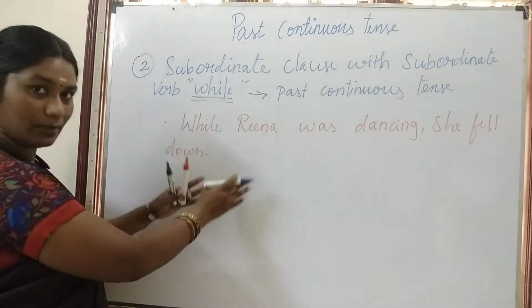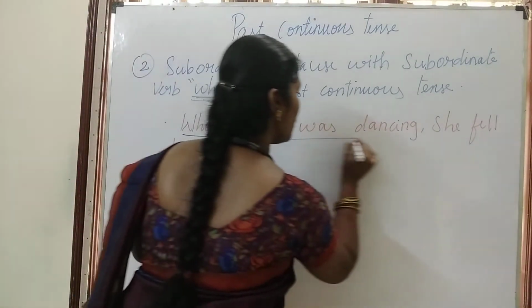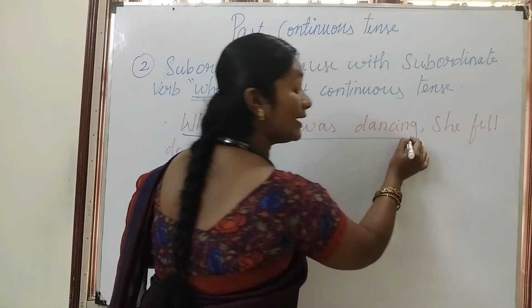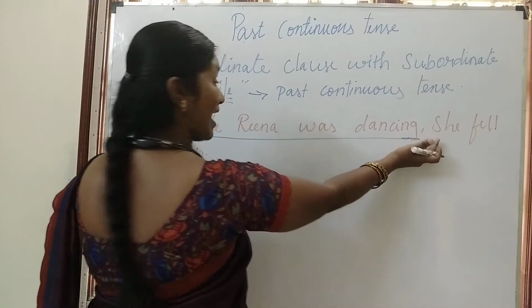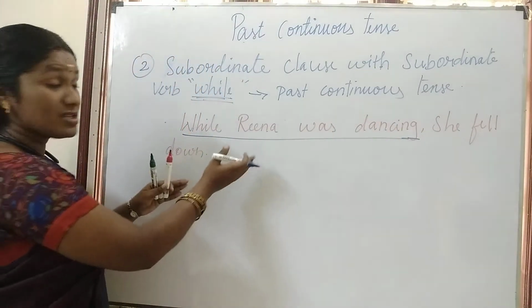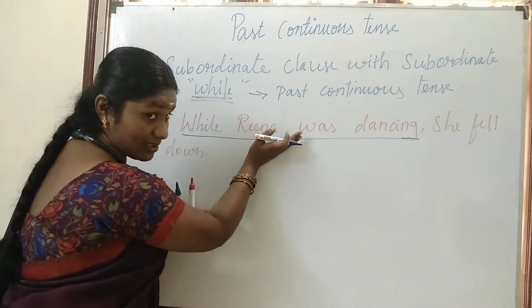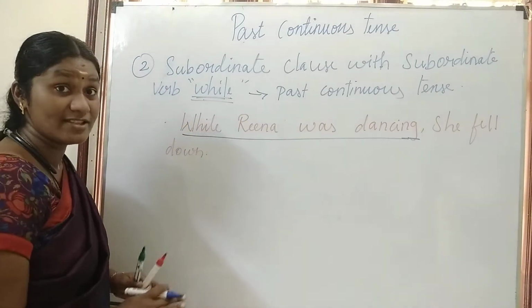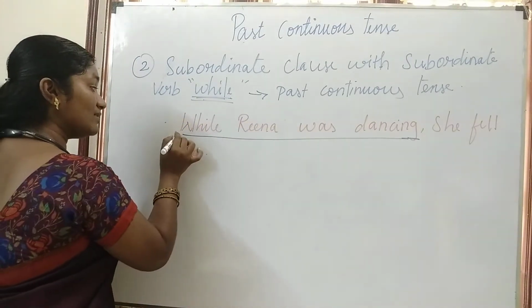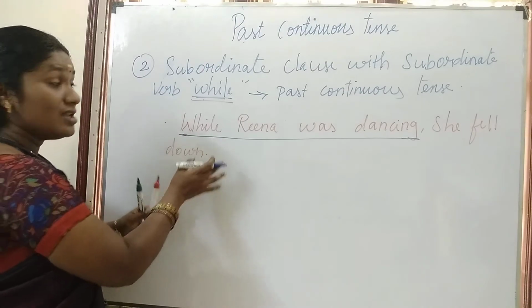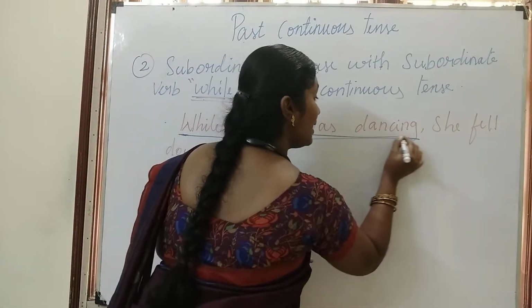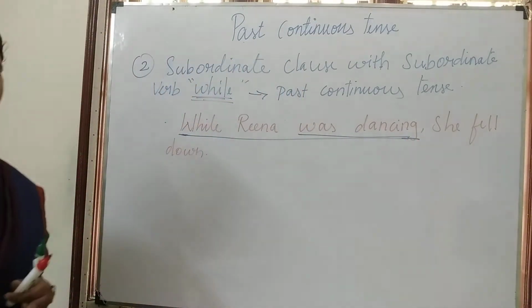Here we have two parts. While Reena was dancing doesn't give complete meaning when this group of words stands alone. So we call it a subordinate clause. So in past continuous tense, if the sentence begins with the subordinate clause, we have to use only the past continuous tense.